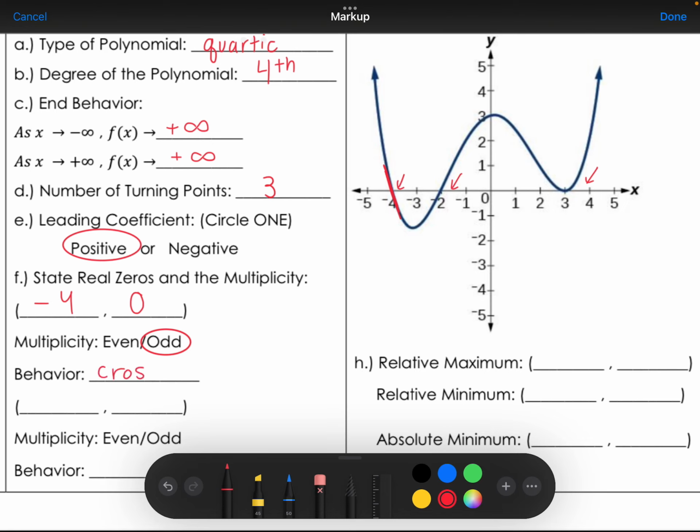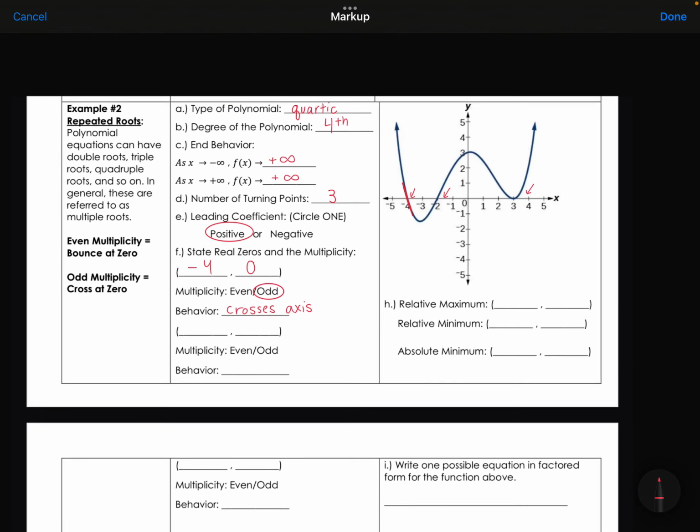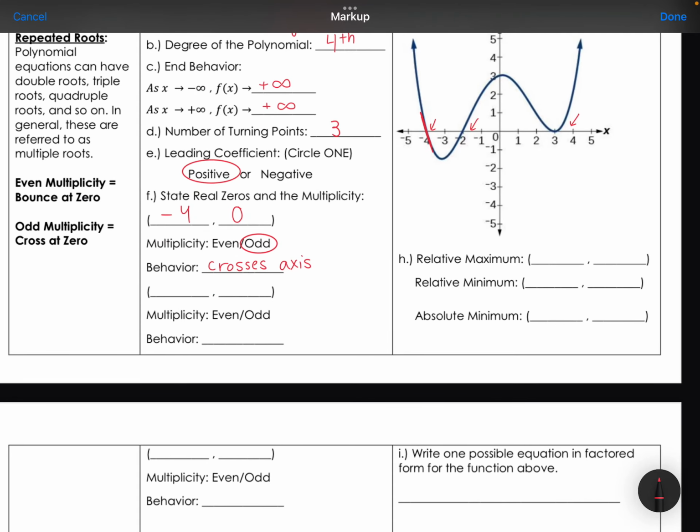Crosses the axis. And then we have another one. Oh, that's why it goes on to the next page. I was getting confused because there's 3. And then we have another one at negative 2, 0. And that one is also odd because it crosses.